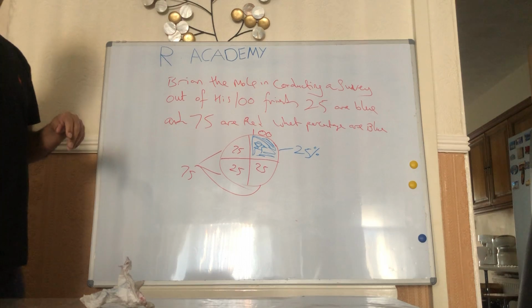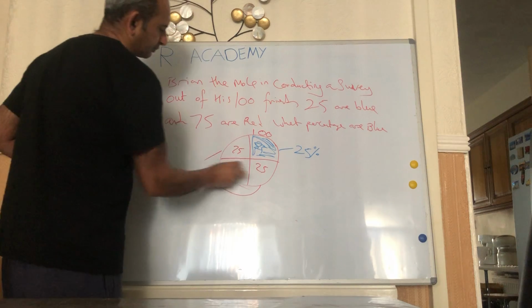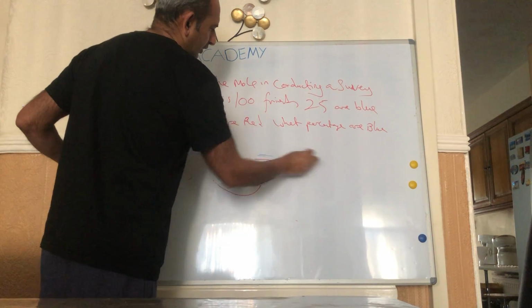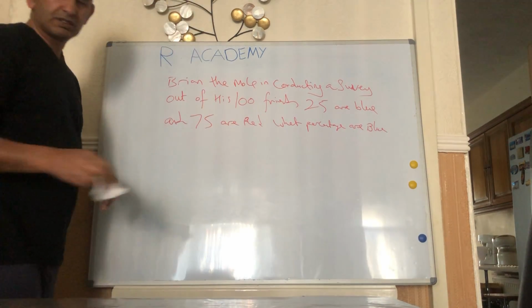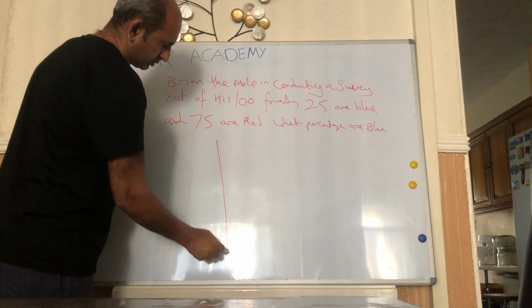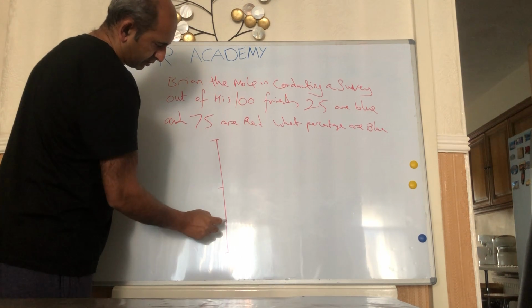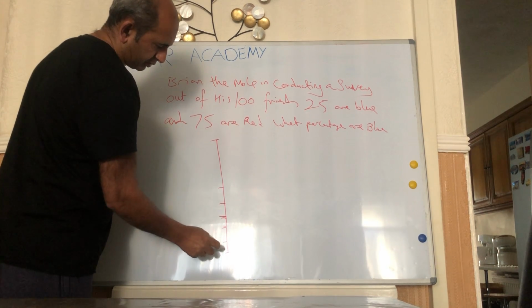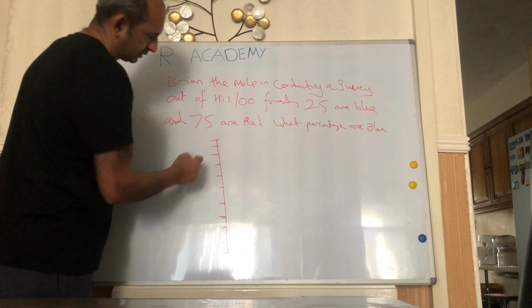The other way to work it out would be by using a scale or a graph, some sort of graph. So what we could do is draw one, 2, 3, 4, 5, 6, 7, 8, 9, 10.